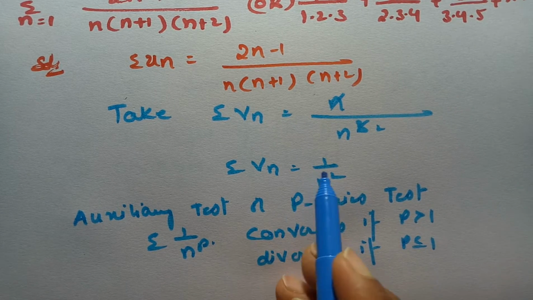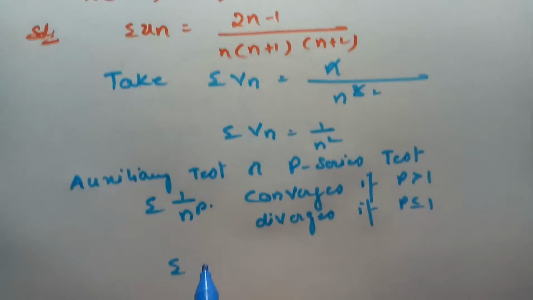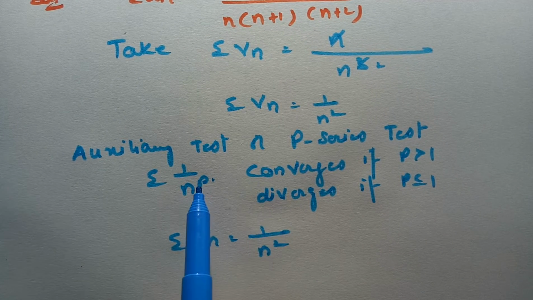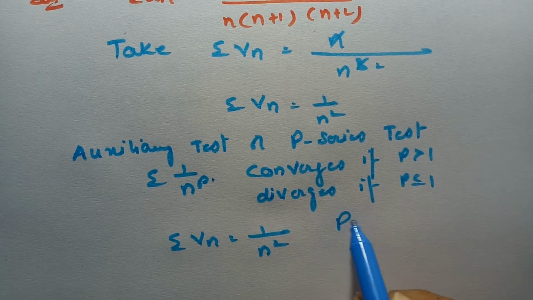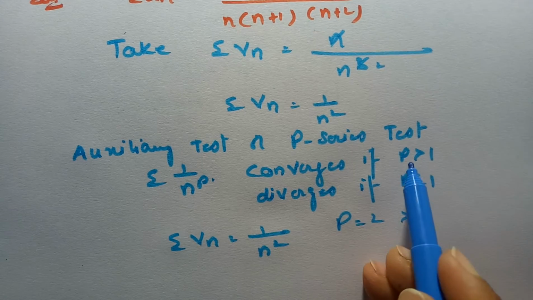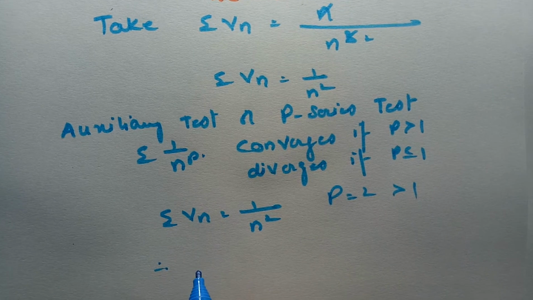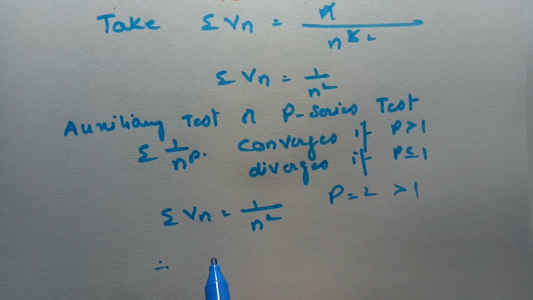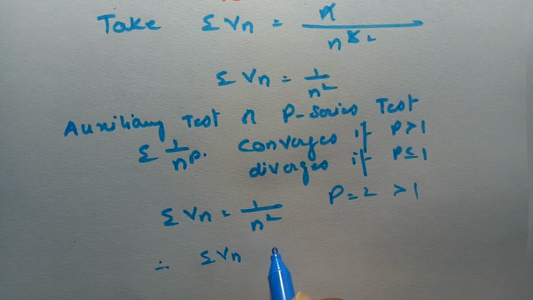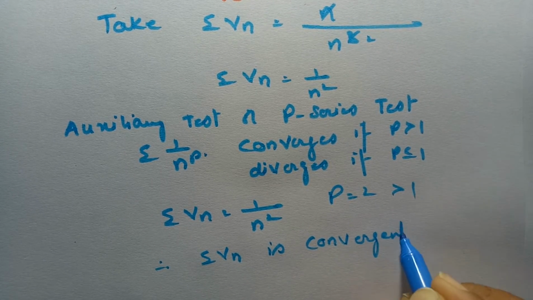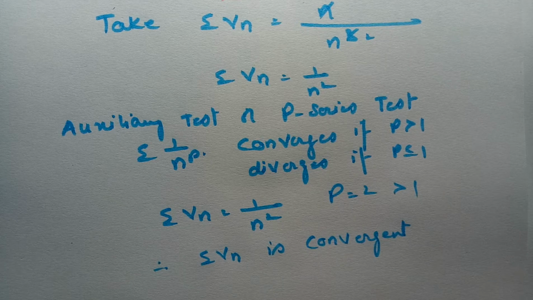According to this test, we have to compare. What is our vn? Vn is nothing but 1 by n square. In place of p, we have 2. So p is equal to 2, which is greater than 1. If p is greater than 1, it converges. Therefore, according to the P series test or auxiliary series test, our sigma vn is convergent.